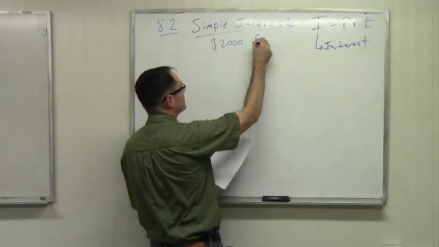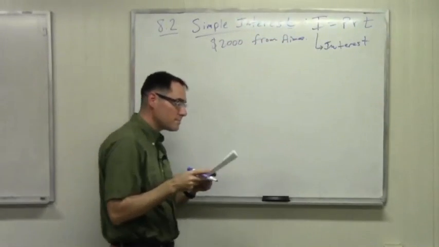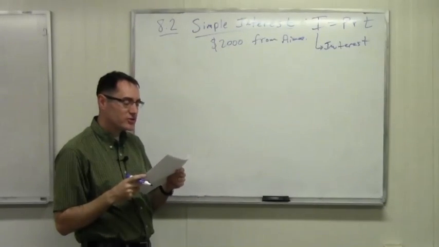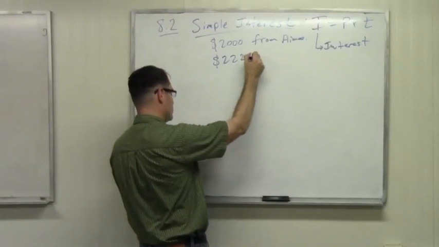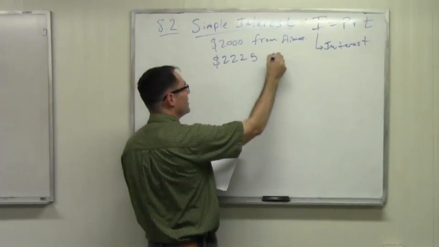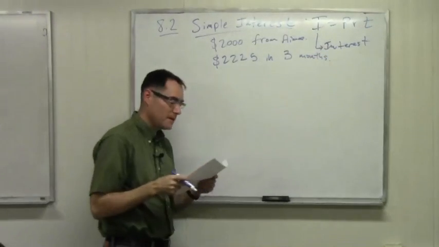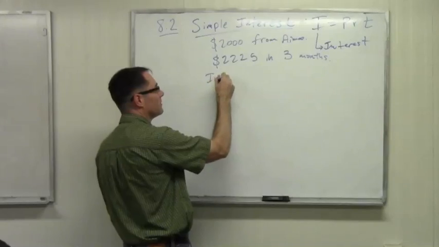OK? $2,000 from Amy. And you agree to pay Amy $2,225 in 3 months. What interest rate is Amy charging you?